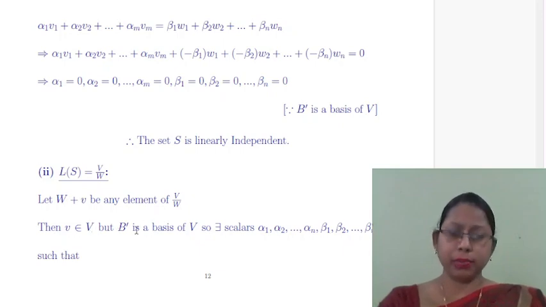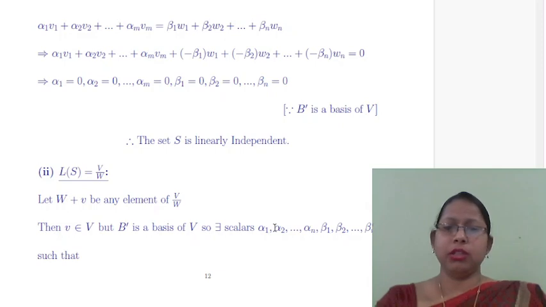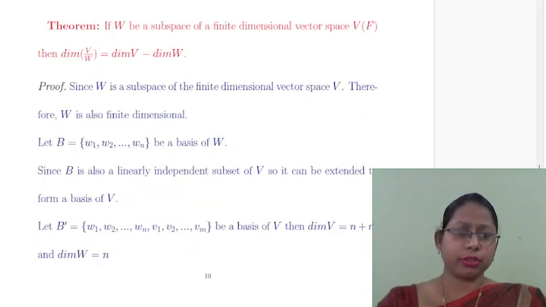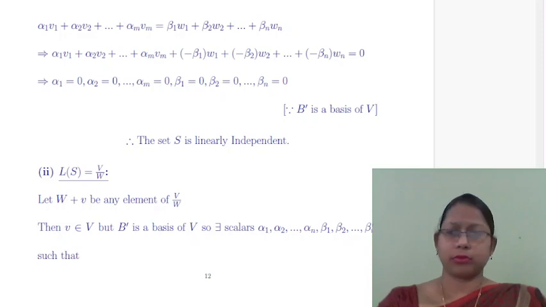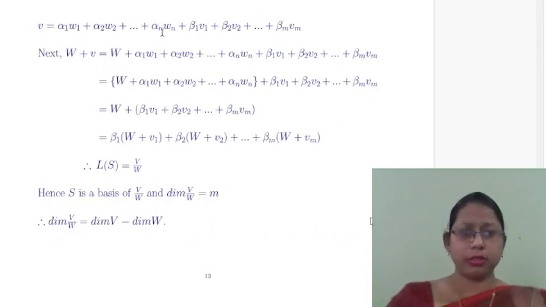As B dash is the basis of V, there exist scalars alpha 1, alpha 2, dot, alpha n, beta 1, beta 2, dot, beta m, such that v can be expressed uniquely as a linear combination of these scalars and the vectors of B dash.